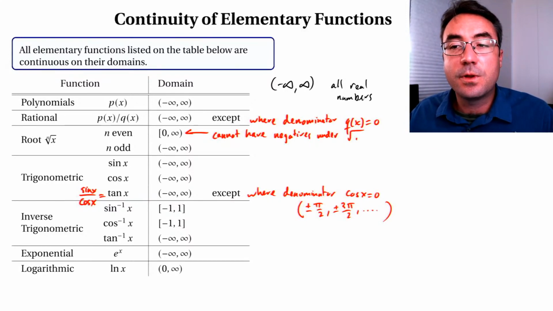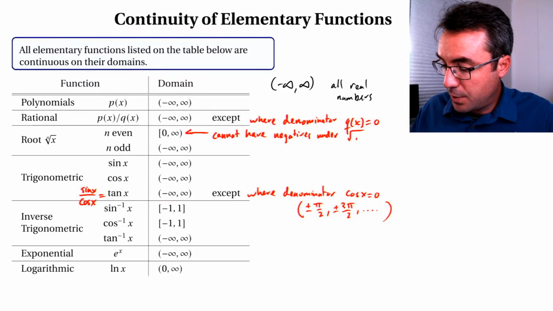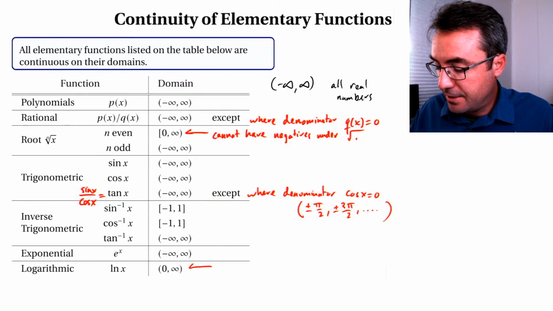And then for natural log, that's another one where we have to be a little bit careful. We can't plug 0 in, and we can't plug negative numbers into the natural log function.